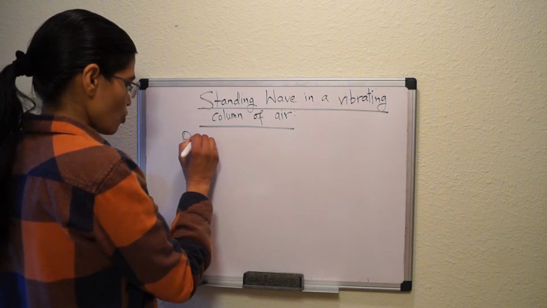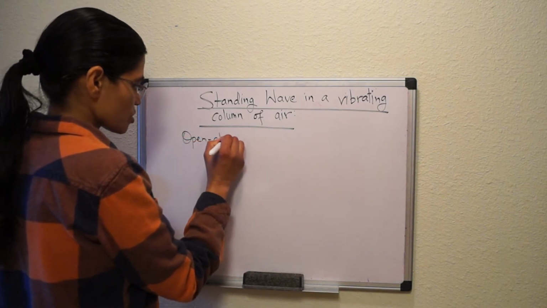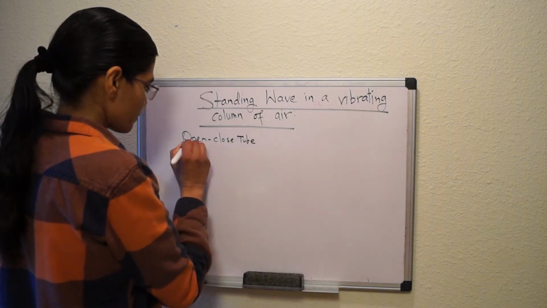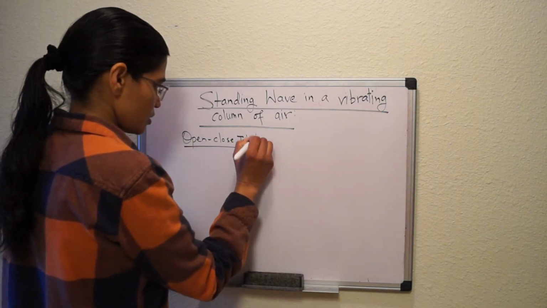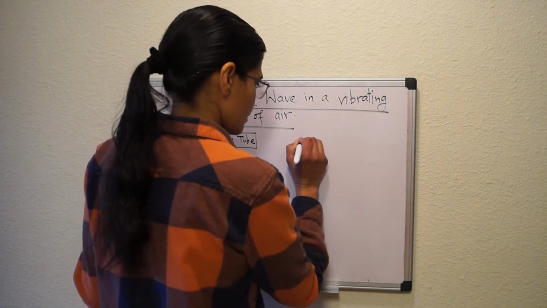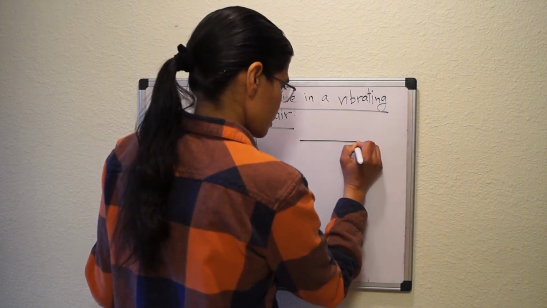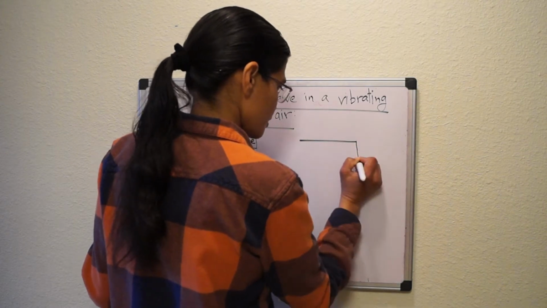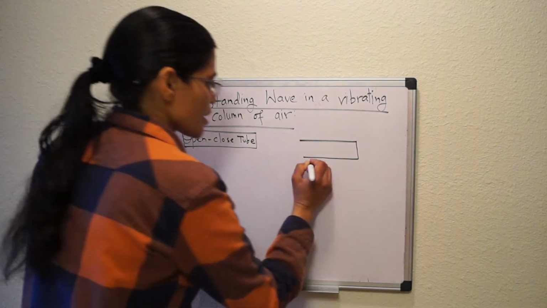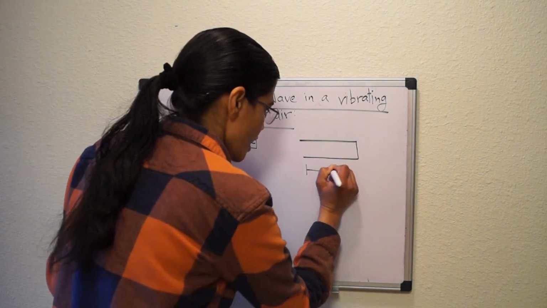So let us do an open-closed tube. I'm going to make this side open, and this side closed. Let's say the tube has length L.